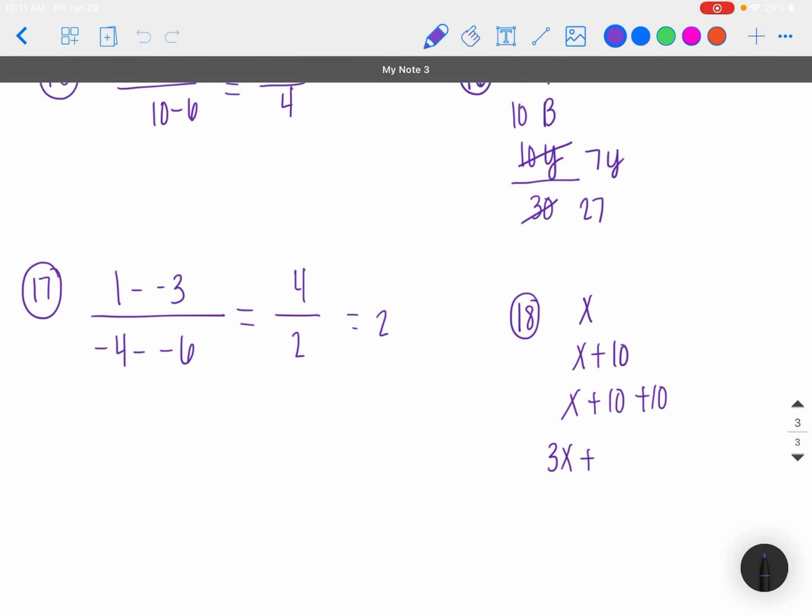So this is 3x plus 30. All angles add up to 180. So 3x equals 150. So x equals 50. And so we want to know the first one, so 50. So our angles would be 50, 60, 70.